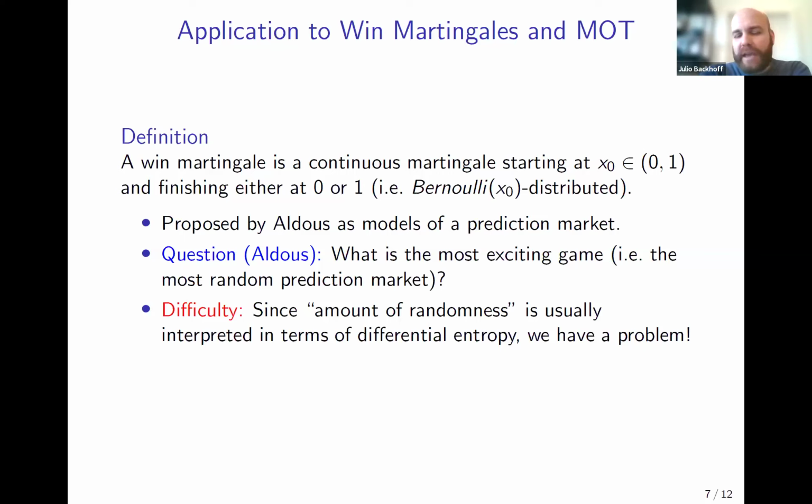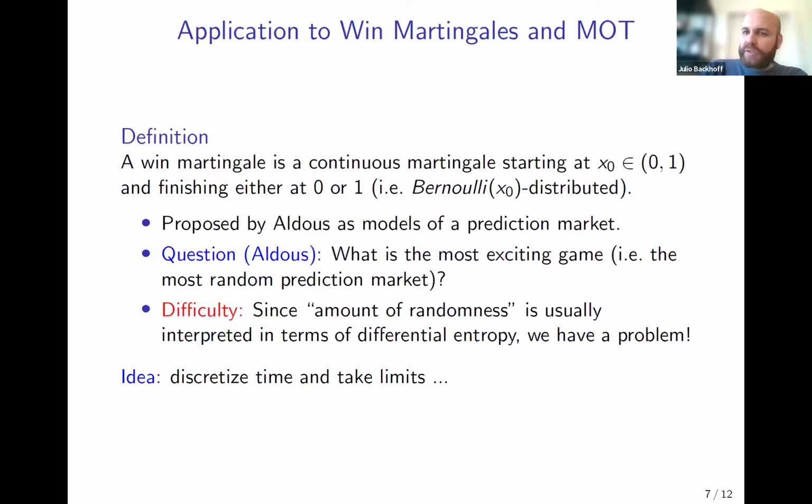And as we have seen in this talk, the typical candidate of a quantity that measures randomness is differential entropy, or just entropy, let's call it, as we know from physics and so on, statistics. But in continuous time, this is not a well-defined object, the same way as relative entropy is not well-defined. So that is a bit the difficulty, how to define this, properly state the question and then answer it.